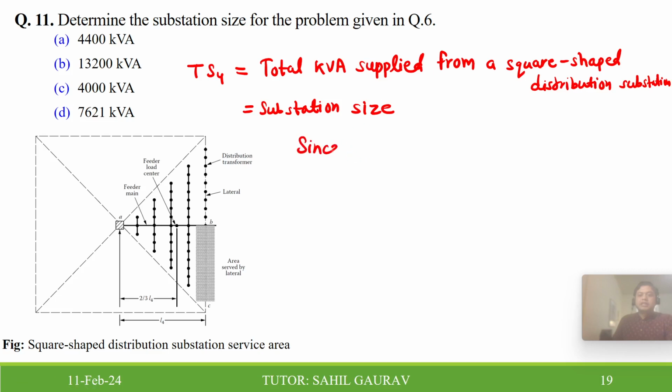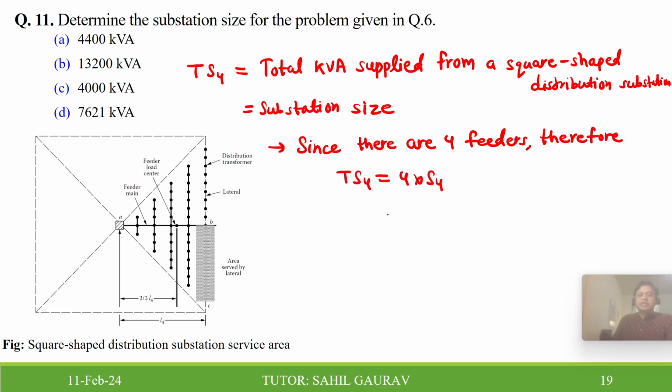So I want to write one thing here: since there are 4 feeders, therefore the substation TS4 equals 4 into S4.